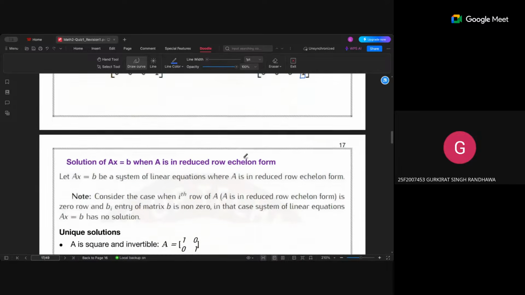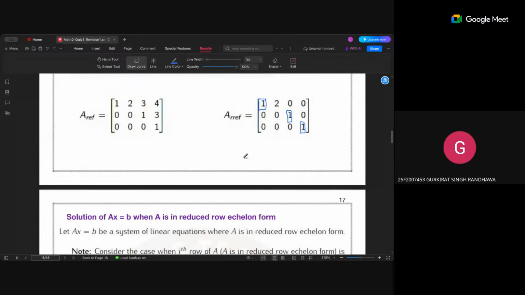Ma'am, in RREF, below this 2, if there is a 1, then it's not an RREF, no? If it is a 1 here, then it is not RREF, because here you have 1. No, ma'am, on the left side. Here? Yes, ma'am.